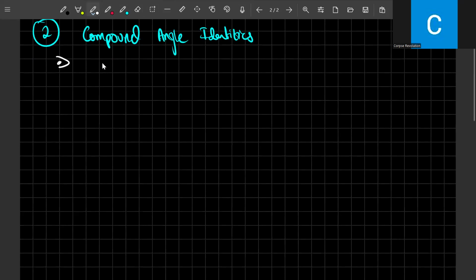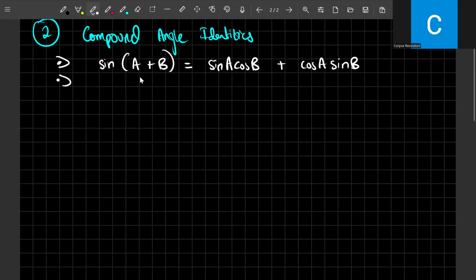Remember that sine(A plus B) is equal to sine A cos B plus cos A sine B. And similarly, sine(A minus B) is equal to sine A cos B minus cos A sine B.